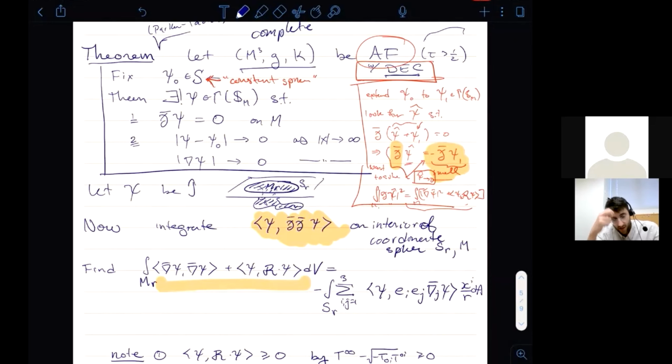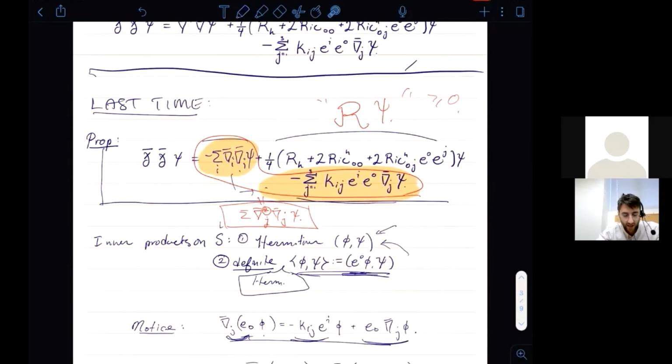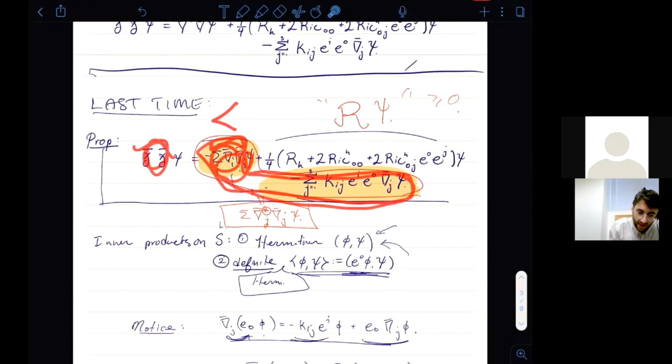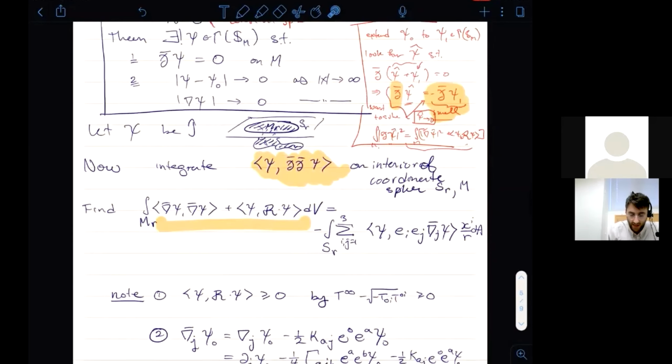Let's review the formula again. The left-hand side here is 0. This is the adjoint of nabla bar, so this thing is the pairing of nabla bar adjoint nabla bar psi with psi, which is equal to the pairing of nabla bar psi with nabla bar psi. And that's where this comes from, and that is the curvature term.